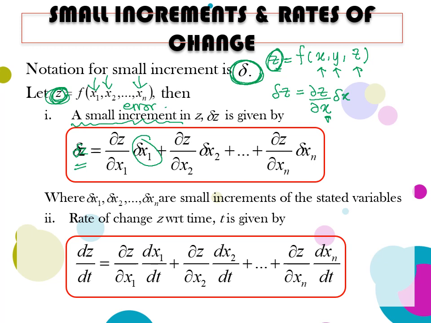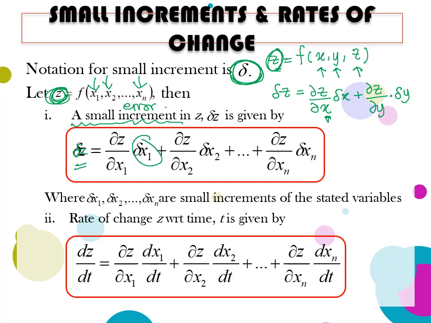Okay, it won't stop here because you have 3 variables, so continue with the other 2. Partially differentiate your z with respect to the second variable which is y, and multiply with the increment of y, the respective variable.